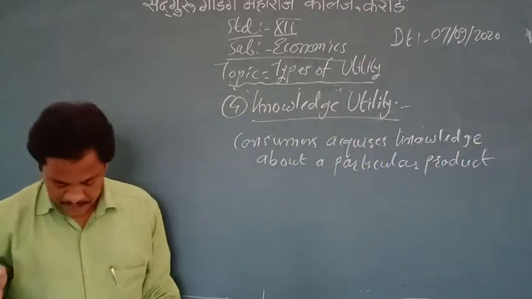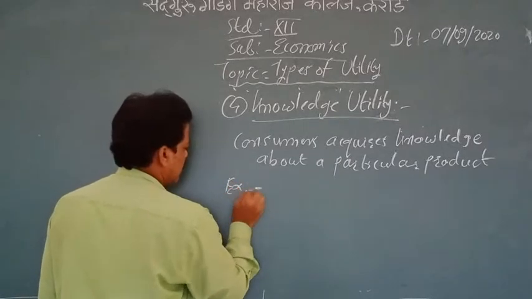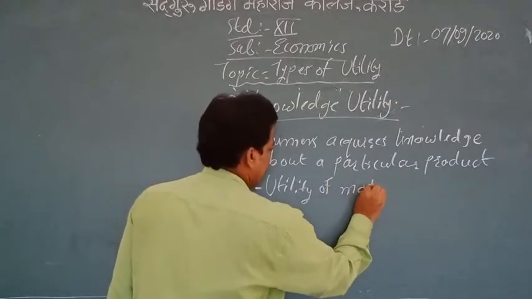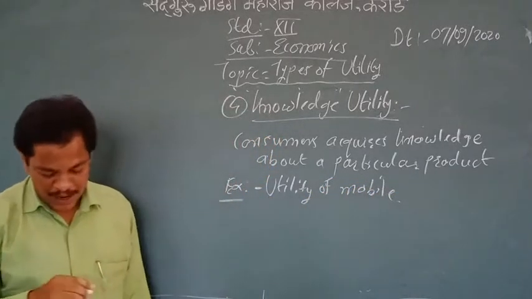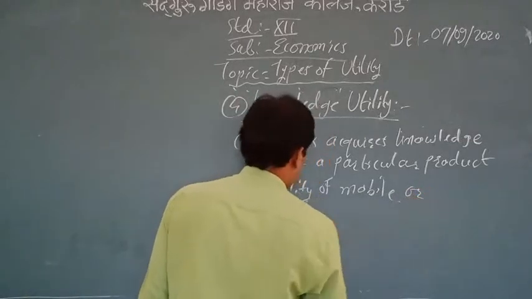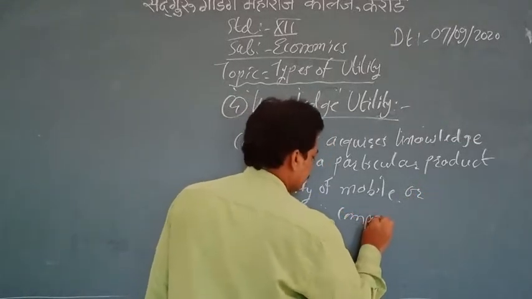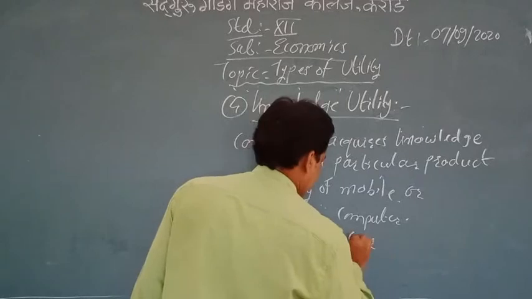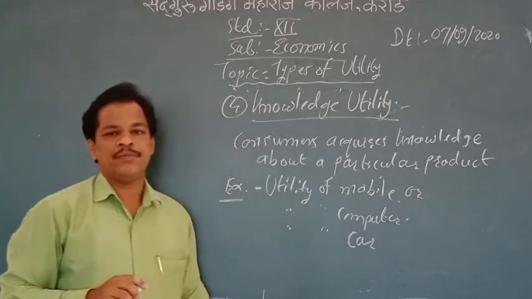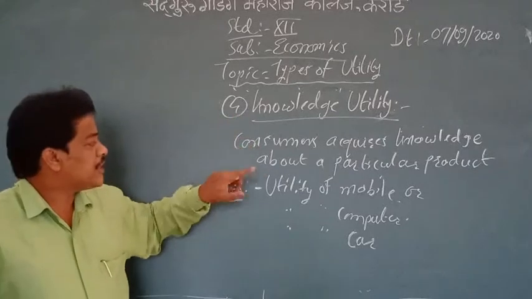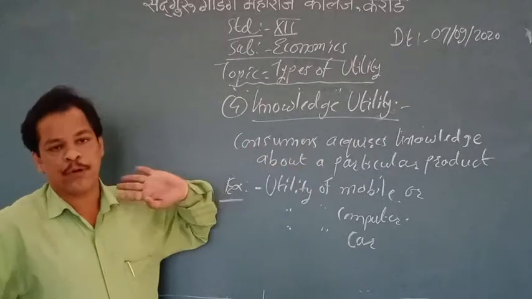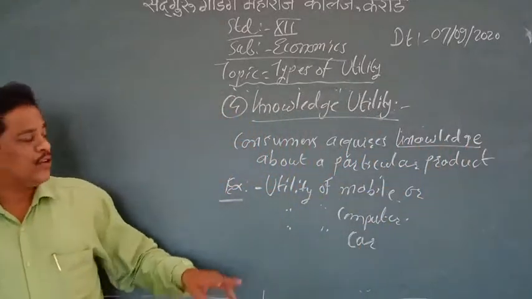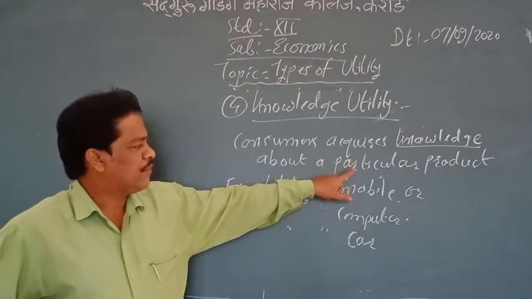For example, utility of a mobile, utility of a computer, utility of a car. See, with the help of these examples, I will explain all the points. Knowledge utility means consumers acquire knowledge about a particular product. This word is very important. Acquires knowledge. If you don't have any kind of knowledge, it is not possible for you to use that product.